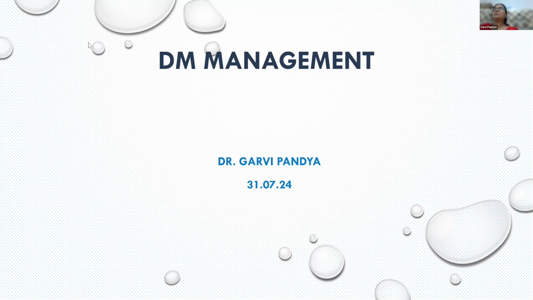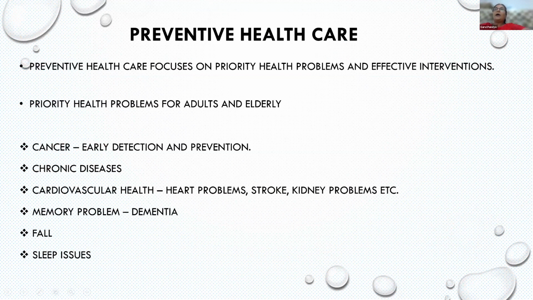As Dr. Jayes mentioned, I'm going to go into the detail of the DM management. Before I go into the DM management, I just want to focus on primary prevention.